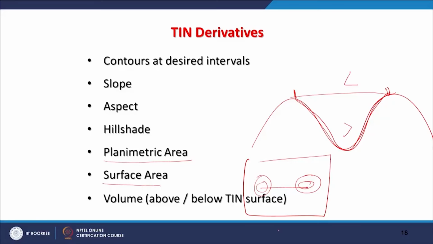So, if you have a correct measurement, then only you can calculate very correctly. The planimetric area and surface area need to be understood very nicely. Volume, I have already said, is from cut and fill analysis: the volume above or below the TIN surface is calculated, and it has to be very accurate for real projects.